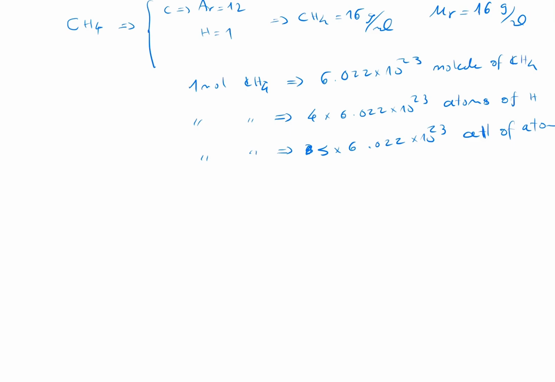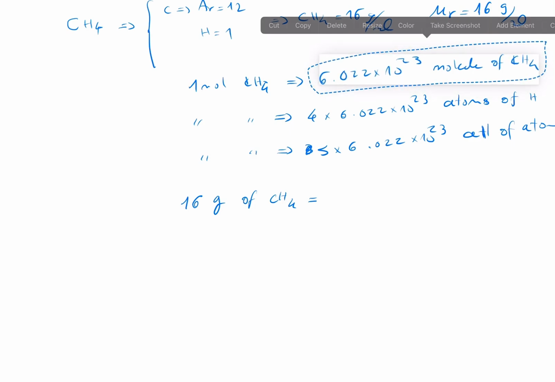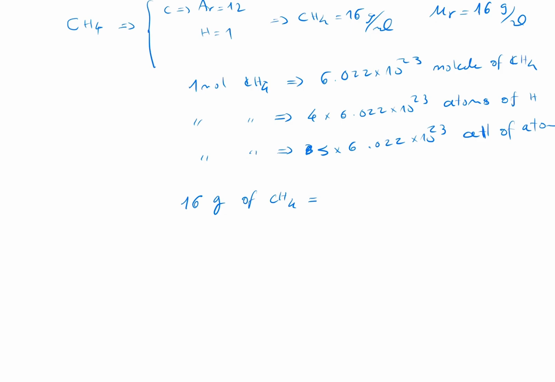Also, we can say 16 grams of methane, because 1 mole is 16 grams. If you see here, 1 mole is 16 grams of methane. We can write again: in 16 grams of methane we have 6.022 multiplied by 10 power 23 molecules of methane.